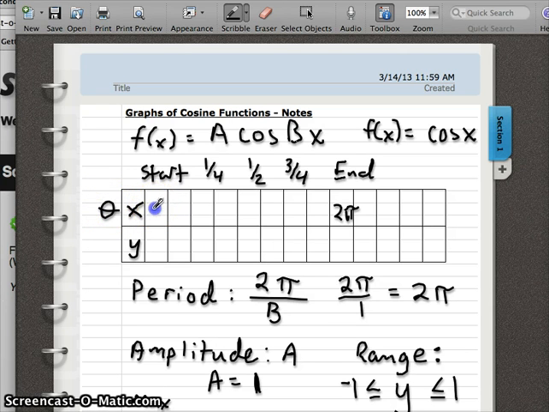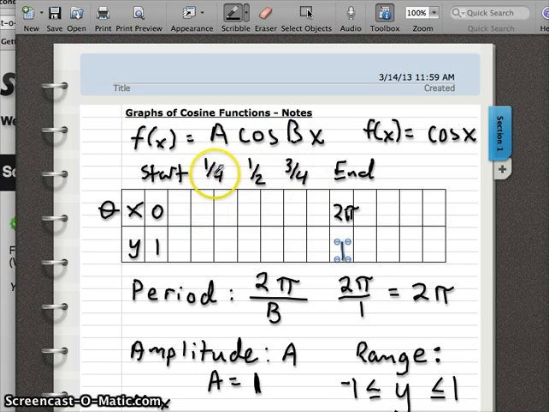So if I plug in an angle measurement of 0 radians into this cosine, I'm finding the cosine of 0. Well, the cosine of 0 is 1. So now we know where to start our graph. Let's figure out what the output is when we end our graph. If this is my input 2 pi, then the cosine of 2 pi is going to be 1. So now we know how our graph ends, and we just need 3 more key points.